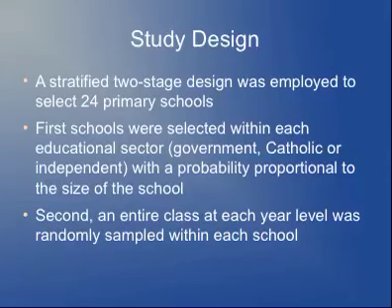And once they had selected this list of 24 schools with a representative number of public, Catholic, and private schools, then they randomly selected a class at each year level within each school. So a homeroom class for some specific teacher for grade 4, a homeroom of another teacher for grade 5, and so on.